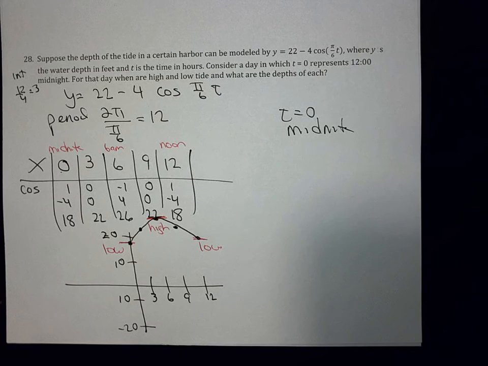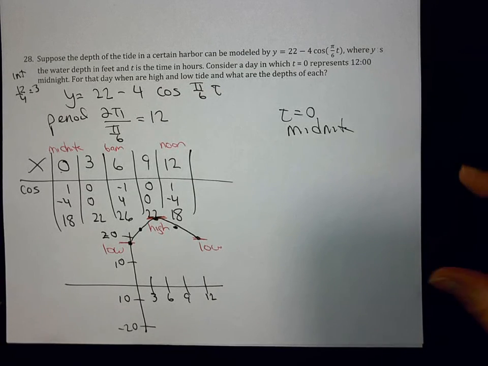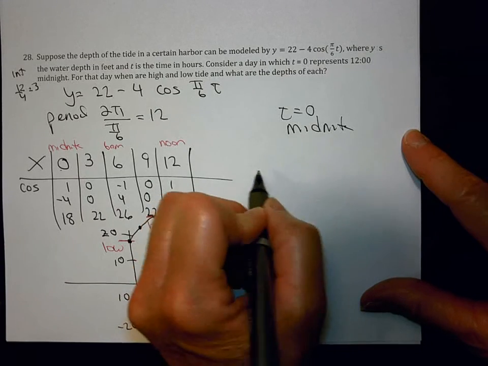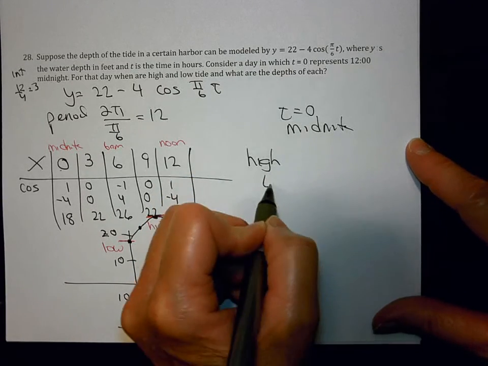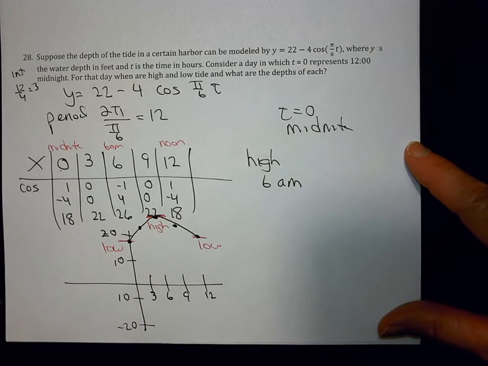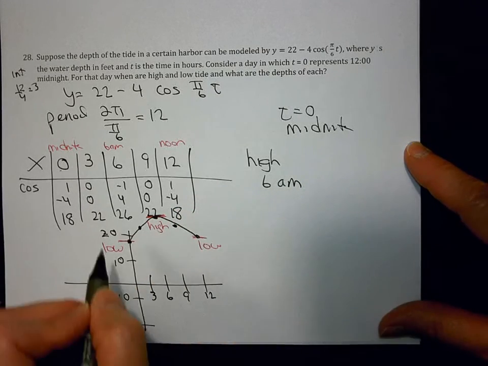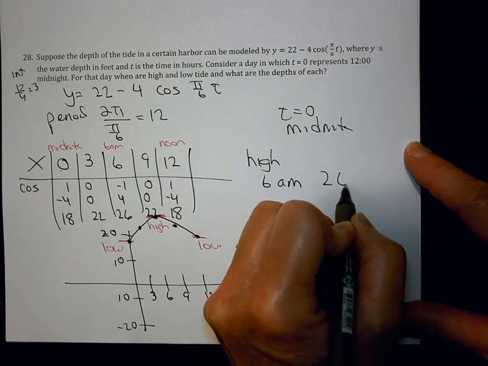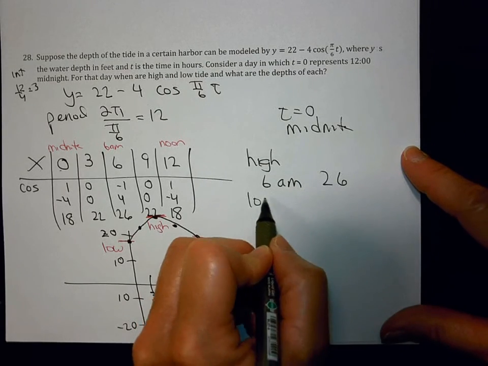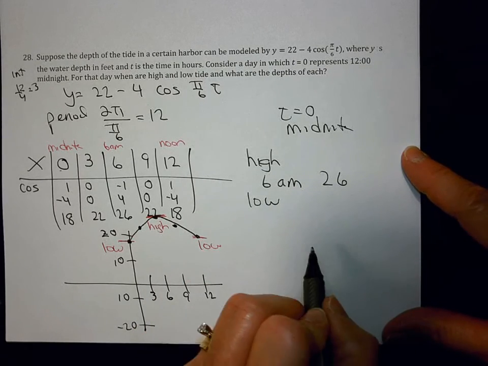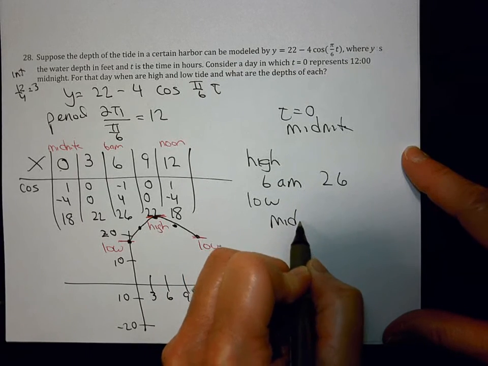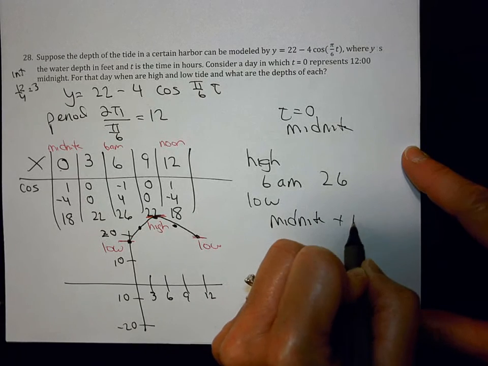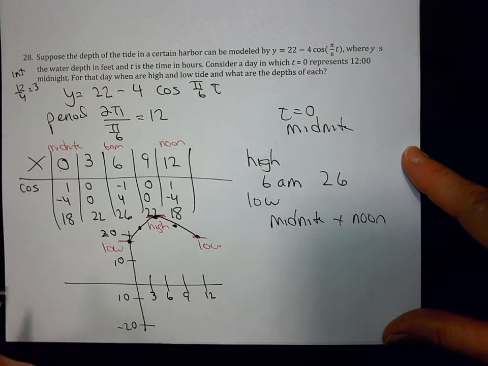So to answer the question for when are there high and low tides and what are the depths of each, high tide is at 6 a.m. and it goes up to 26, and low tides are at midnight and noon, and they go down to 18.